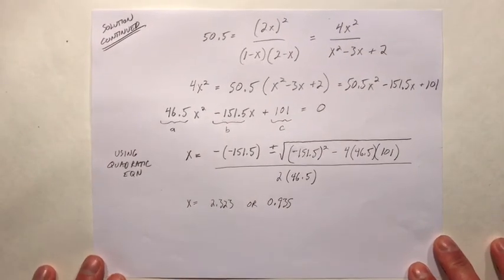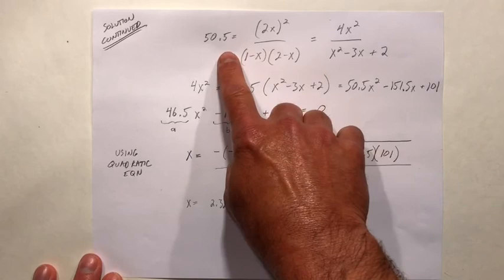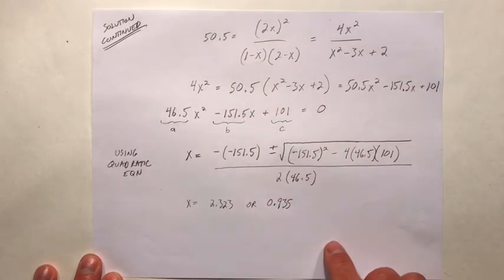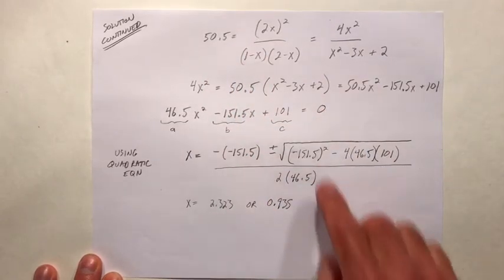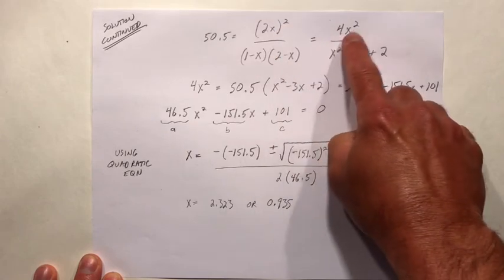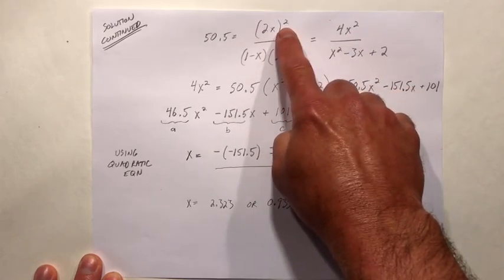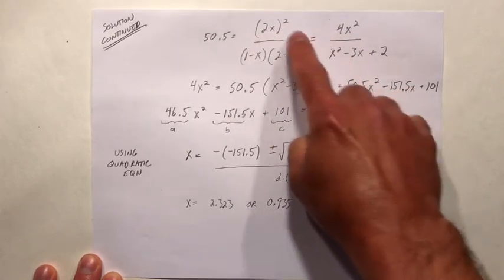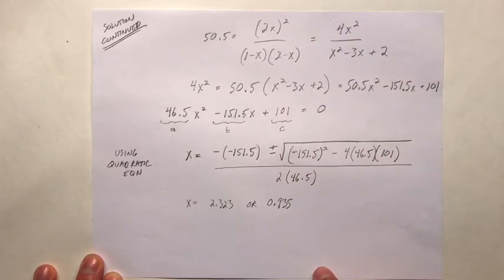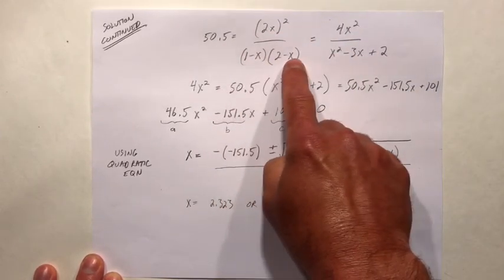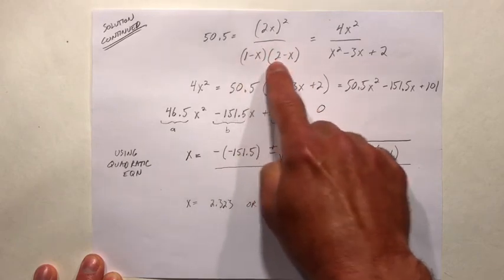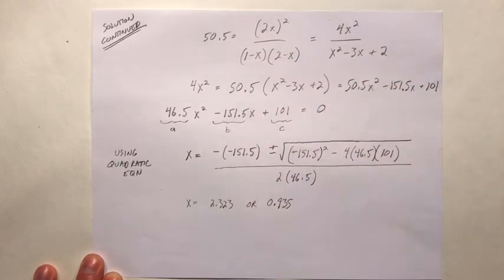Continuing on with that solution, we take that expression, 2x squared is equal to 4x squared, right? If we take the quantity of 2x and square it, 2 squared is 4, x squared is x squared. We take this and multiply it out so that we get that expression, right?